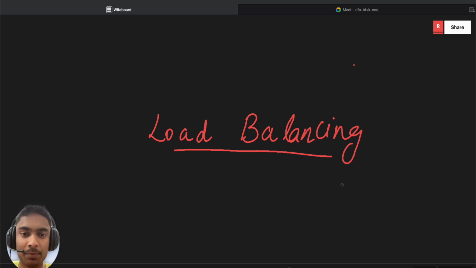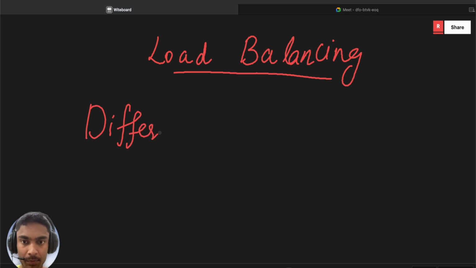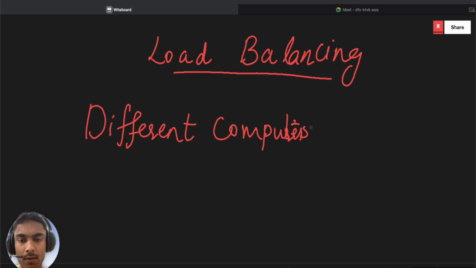Okay, so let's start with the first concept, that is load balancing. So what do we mean by load balancing? First and foremost, the basic notion of load balancing is that different computers or servers are able to serve the same data.